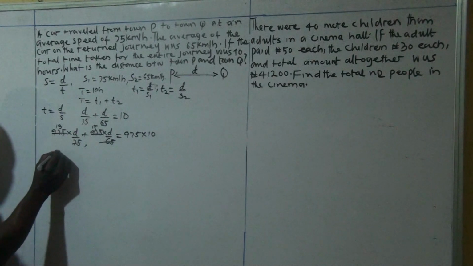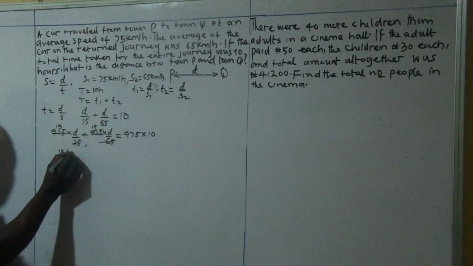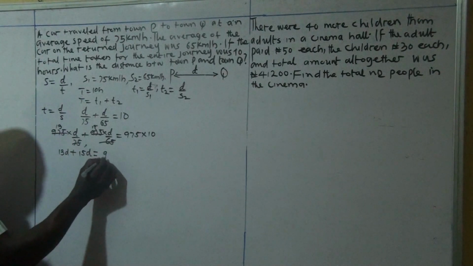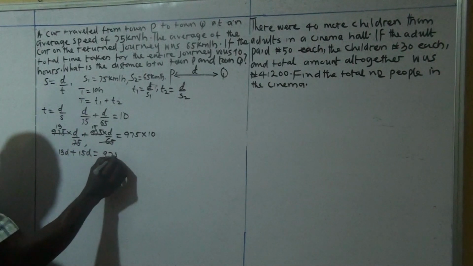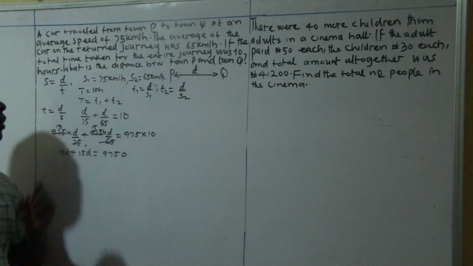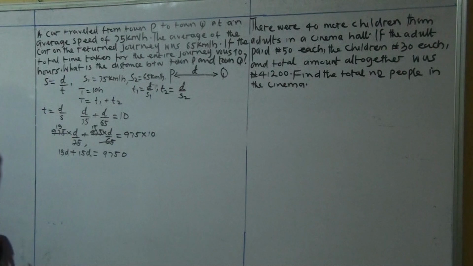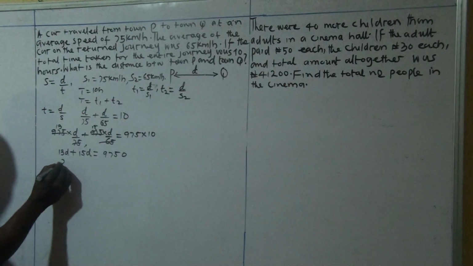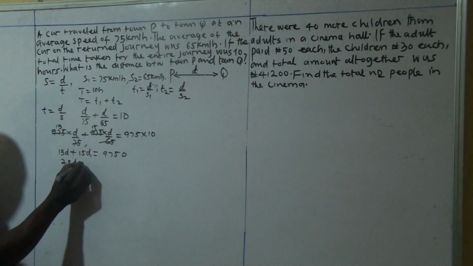So this becomes 13D plus 15D is equal to 9750, because 975 times 10 gives us 9750. This added to this will give us 28D is equal to 9750.